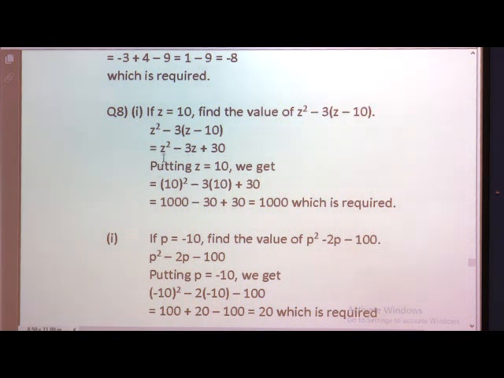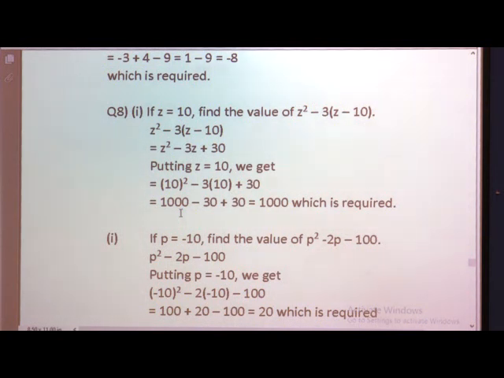Just put the value of z, which is given as 10. So, putting the value, that is 10 square minus 3 into 10 plus 30. So, 100 is the square of 10, minus 30 plus 30, both get cancelled. So, we will get 100, which is very similar to what we have seen in multiple examples with different variables and different values.